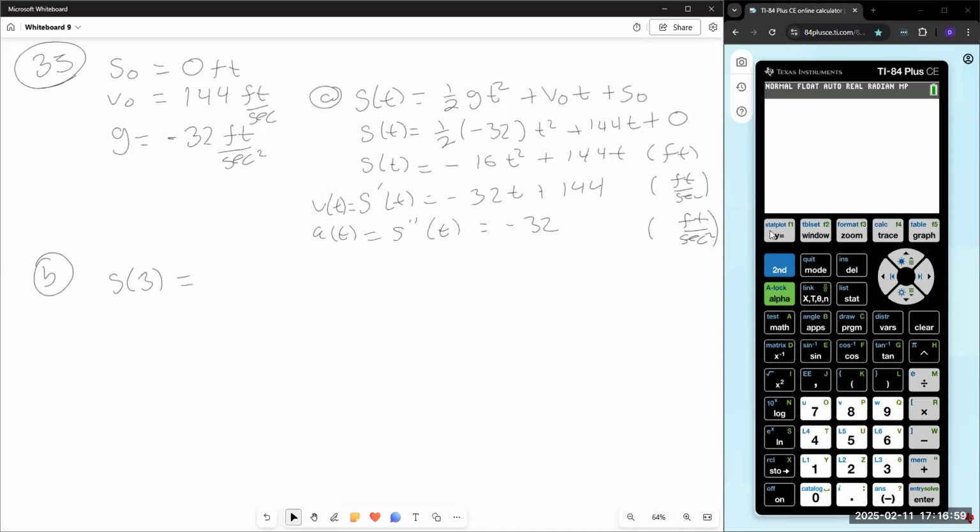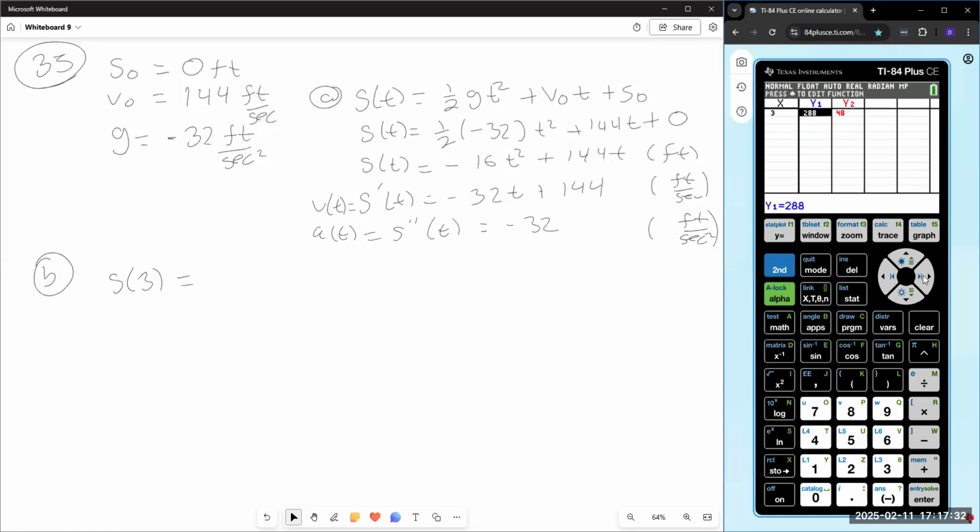So let's go ahead here and plug in negative 16x squared plus 144x, and let's plug in negative 32x plus 144. Let's let the calculator do a little bit of work for us so that it can find those values.